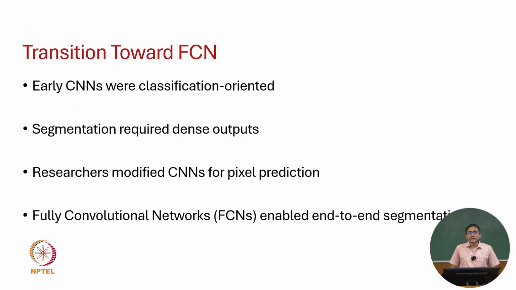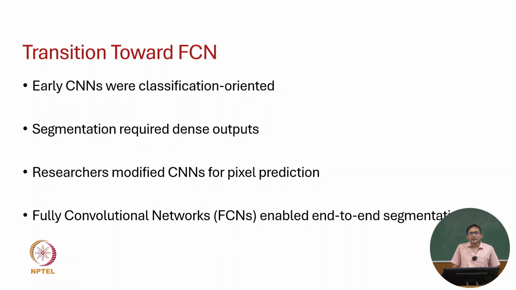From the discussion in the last lecture, we already recall that the early CNNs were classification oriented. However, semantic segmentation is different from classification in the sense that for semantic segmentation, we require dense outputs.